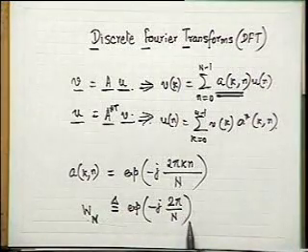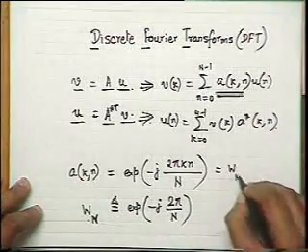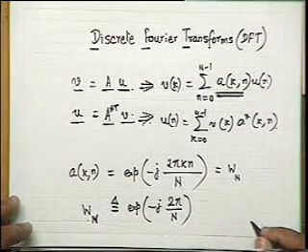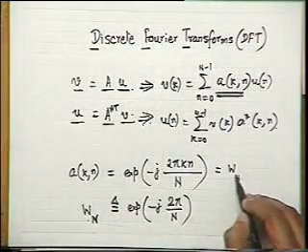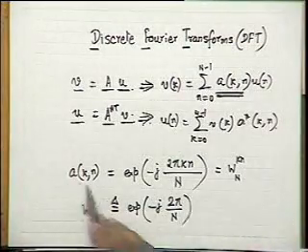So in terms of this new symbol I can write a of kn as w to the base N, but what else do I have to put? This w to the base N should be raised to the power k and small n. If I choose the elements of the transformation matrix in this form, the transformation that results is called the discrete Fourier transform. Why discrete? Because we are not taking continuous signals.